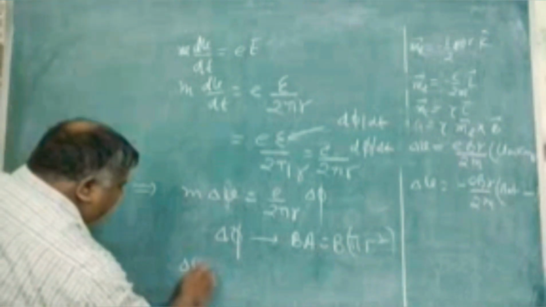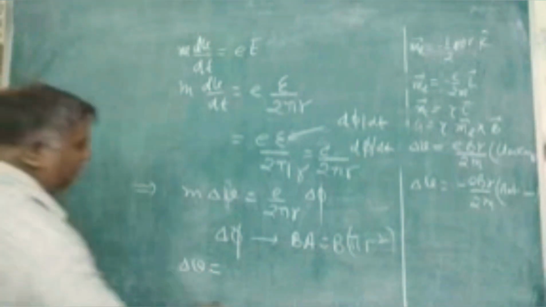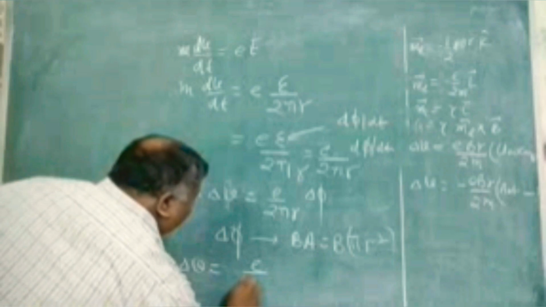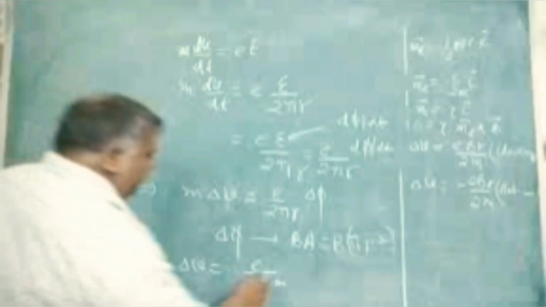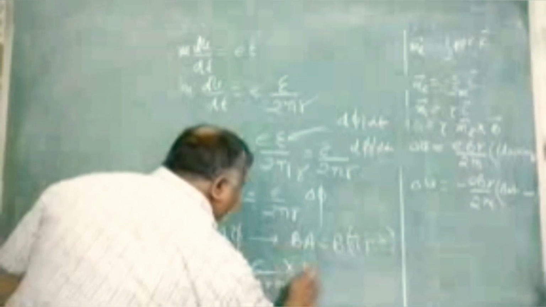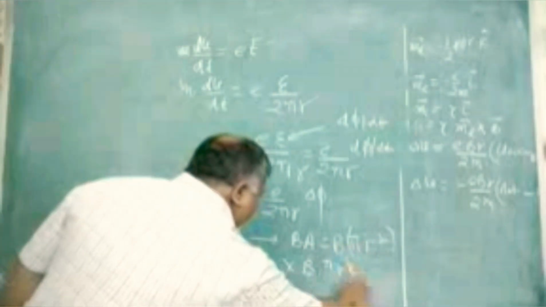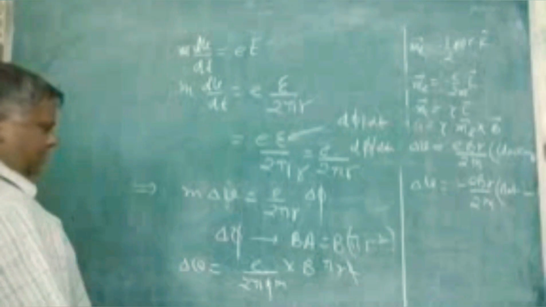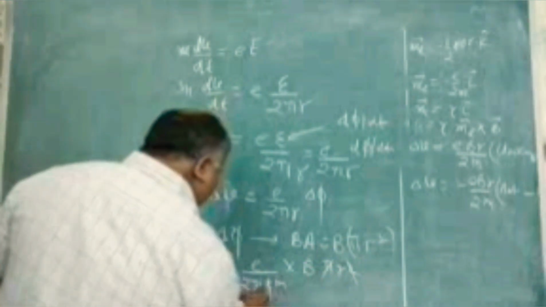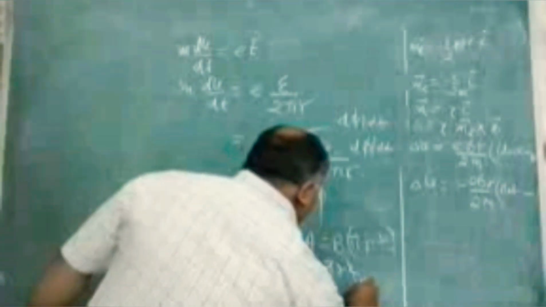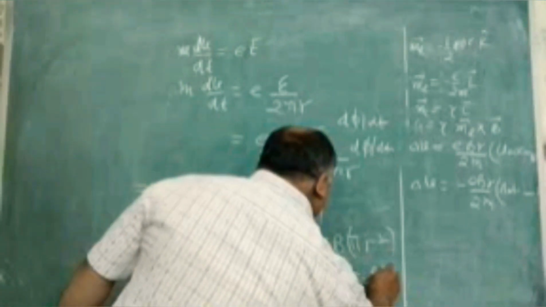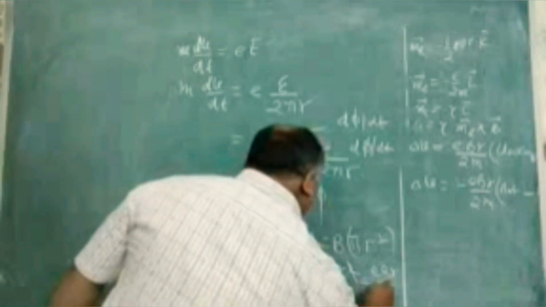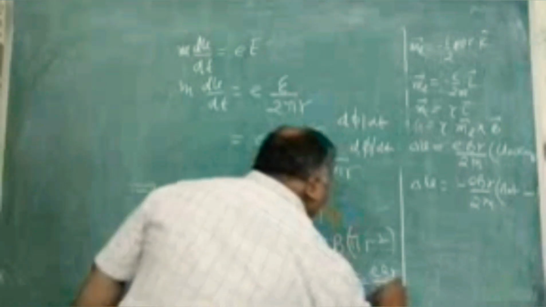So change in velocity is E over 2 pi r m into B pi r square. Which is E B R over 2m, which is same.